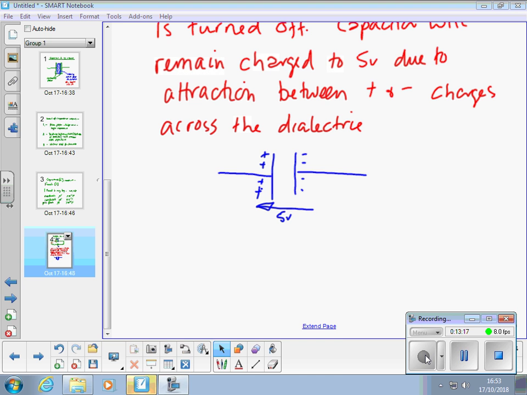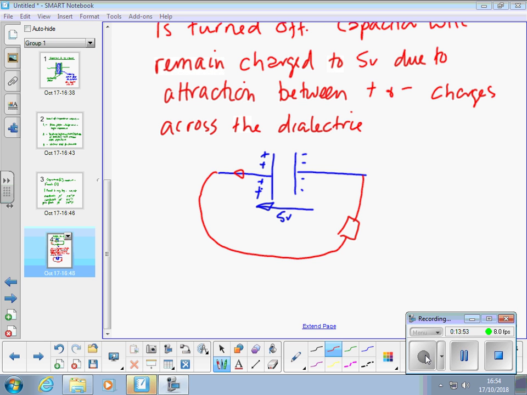If I then connect a conductor, technically through some kind of resistor, otherwise we'd get a large current flow, a current's going to flow so that it equalises the two charges again, and we'll have no volts, so it'll discharge through that resistor. Again, the charge-discharge cycle is the topic of next week in detail.